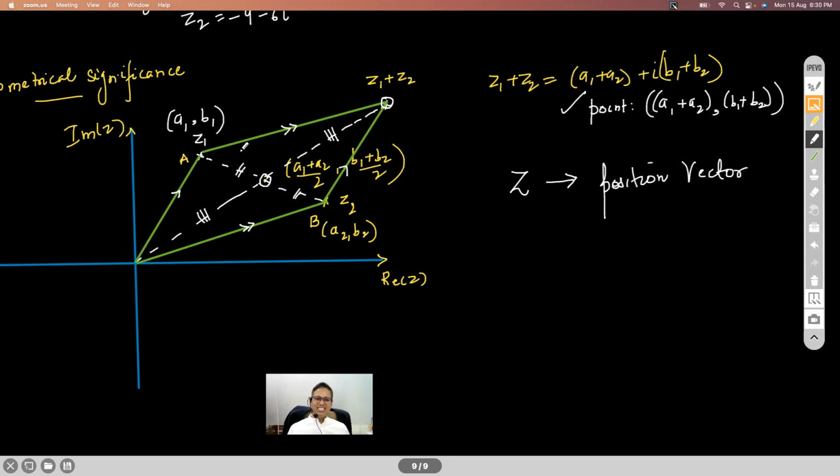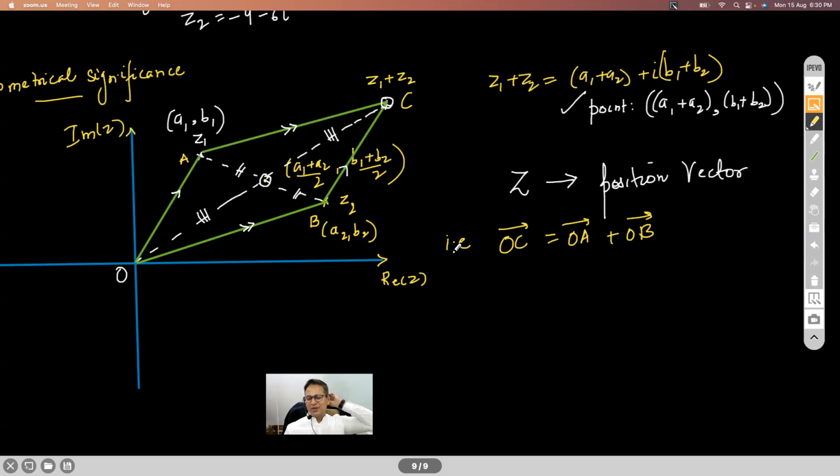So when you're adding Z1 and Z2, think as if you're adding these two vectors, OA vector and OB vector. Getting my point? Let me name it C for sake of referring to it. So OC vector is the vector addition of OA and OB.